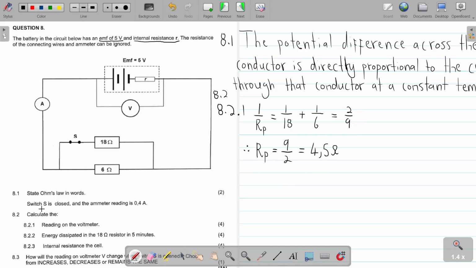And then we can find the V external. So V external equals I multiplied by R external, so equals 0.4 multiplied by 4.5. Then you use your calculator here.